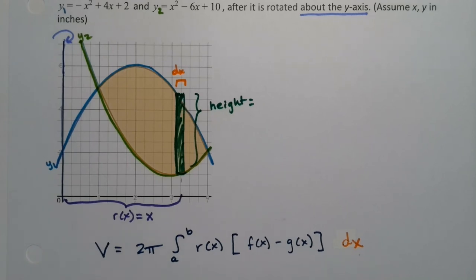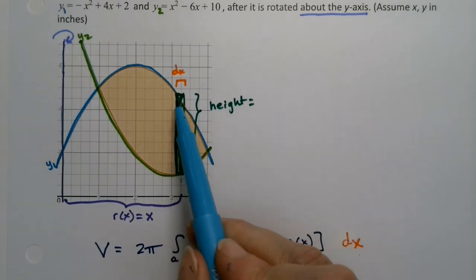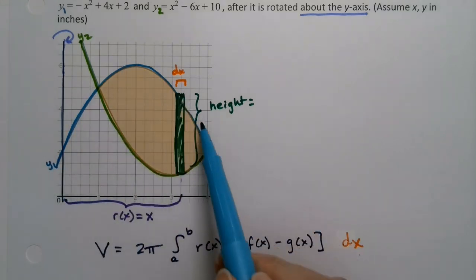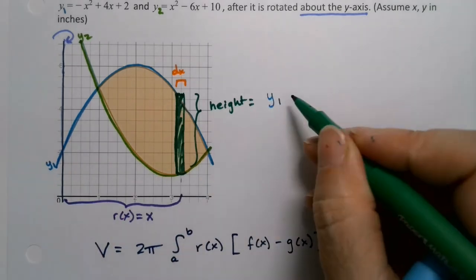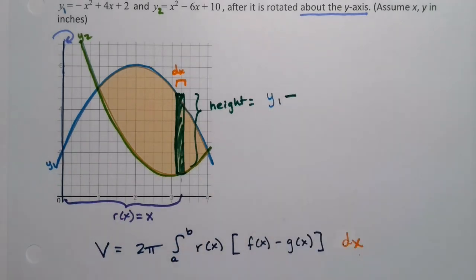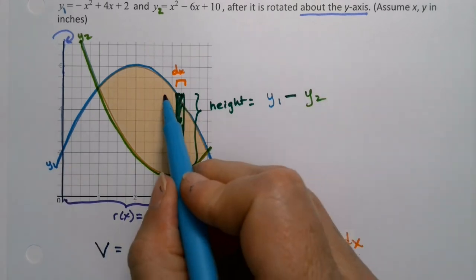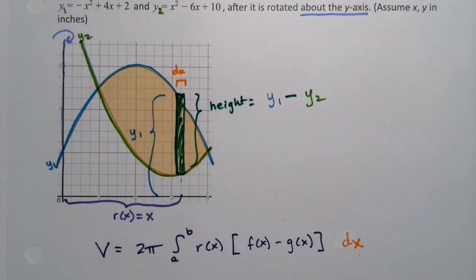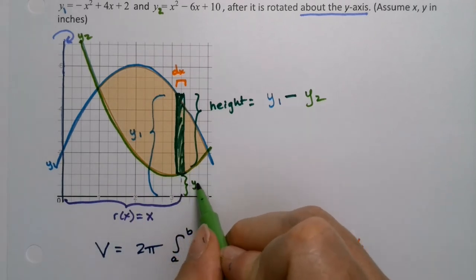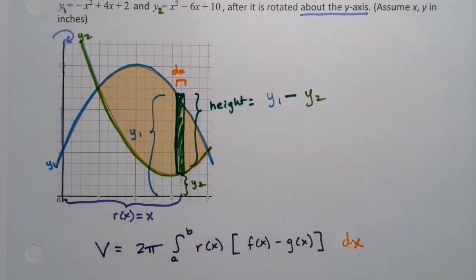All right, now the height is the part I still need to figure out. The height is this function y1 minus the other function y2, right? It's this distance right here, which is y1, minus this distance right here, which is y2. That would be the height of that rectangle.